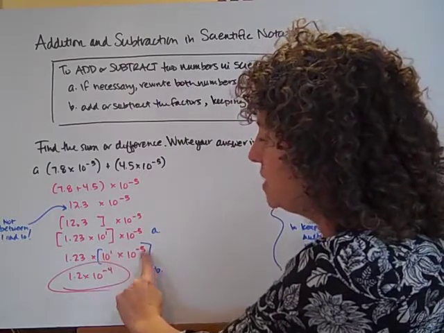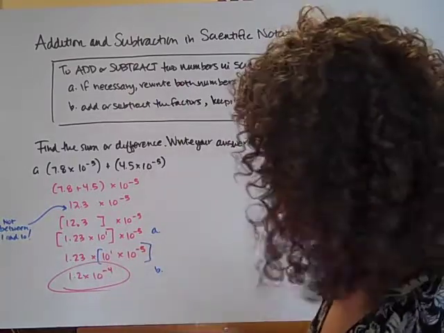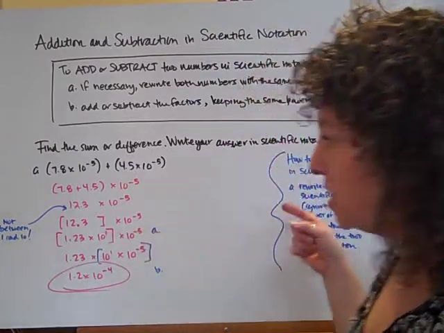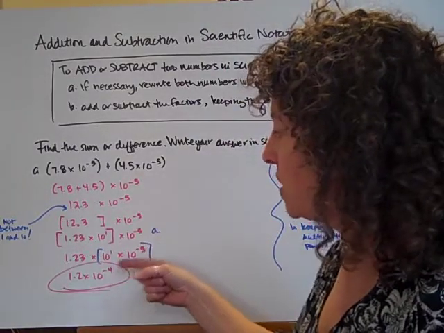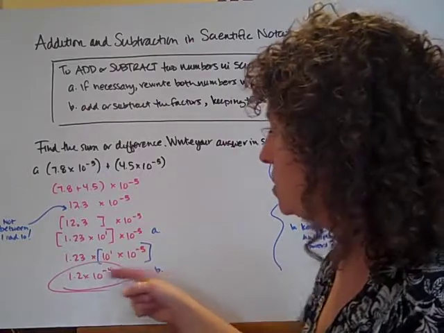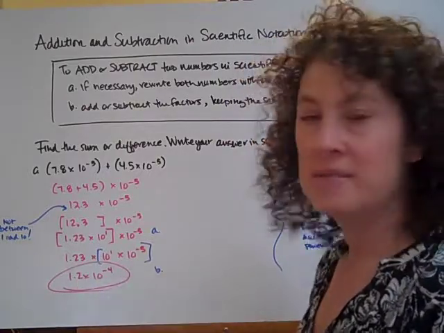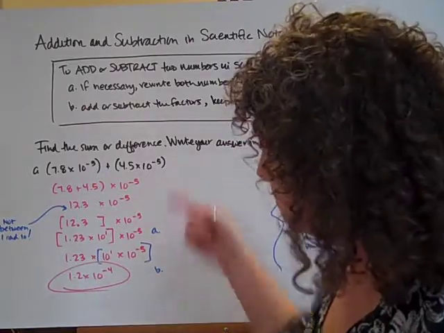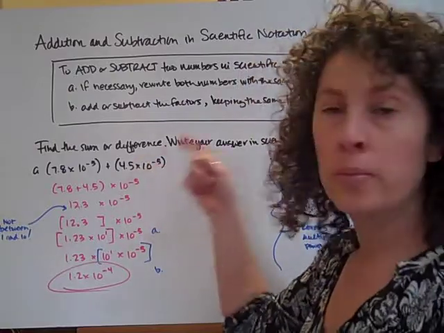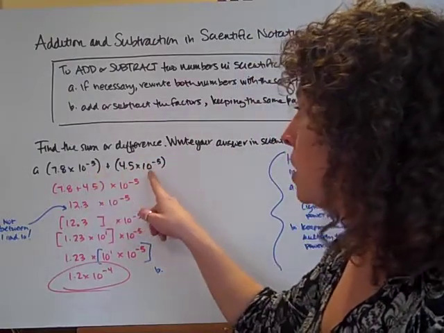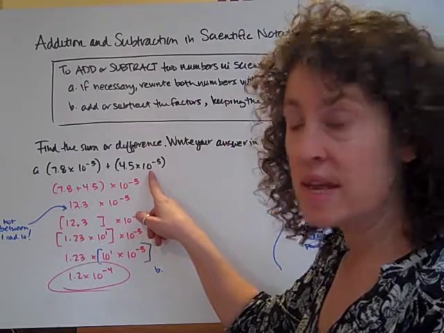So I'm going to do 1 plus negative 5, which gives me negative 4. So this is my first step in changing it to scientific notation, and this is my second step in changing it to scientific notation. So I end up with 1.23 times 10 to the negative fourth power. Okay, so we started out by just adding, making sure that our powers of 10 were the same.